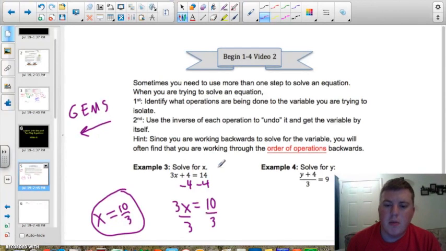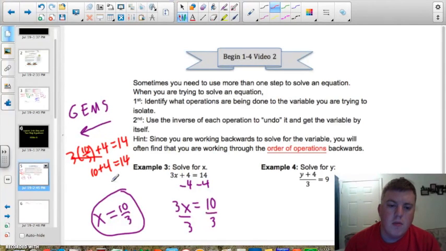So if we plugged it into this problem, 3 times 10 thirds plus 4 equals 14, the 3's cancel here, so we would have 10 plus 4 equals 14. 14 definitely equals 14, so we know even though we got a funky fraction, our answer is correct.